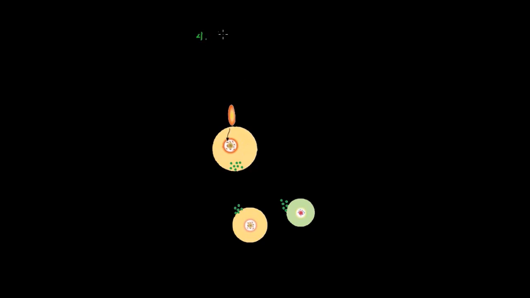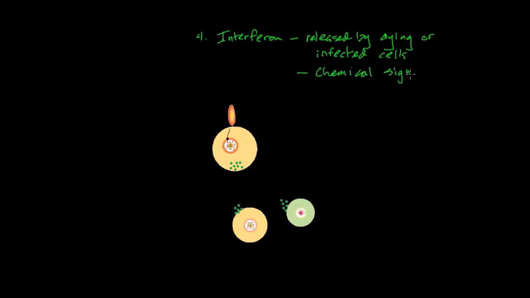The fourth type of chemical mediator is interferon. Interferon is a substance released by dying or infected cells. And this chemical signals other cells of the infection.